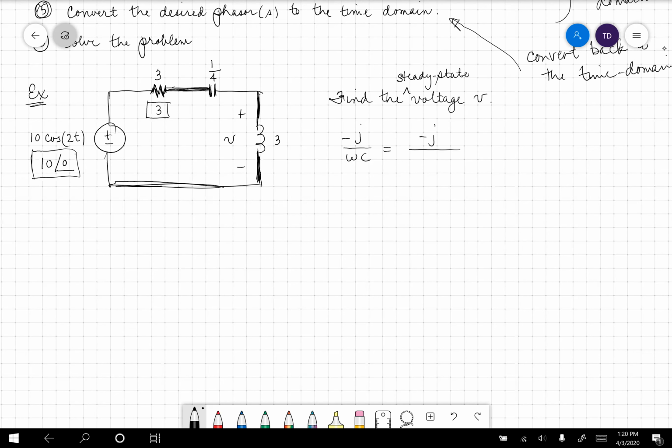Is it omega? Nope, 2. Correct. We've used omega so much, now we get to use it. We look at the source and we figure it out. So omega is 2, so that's 2 times C, which is 1/4. So this is minus J over 1/2, which is minus J2.